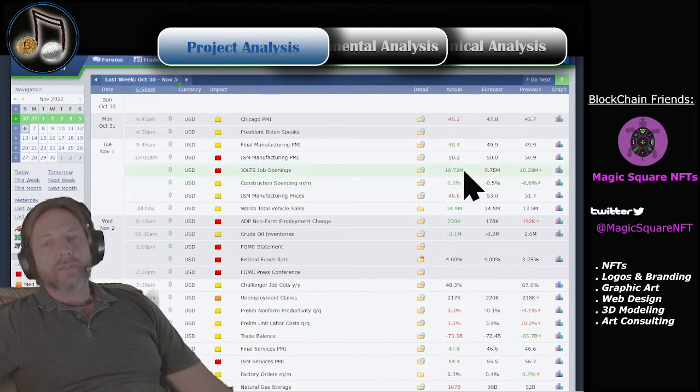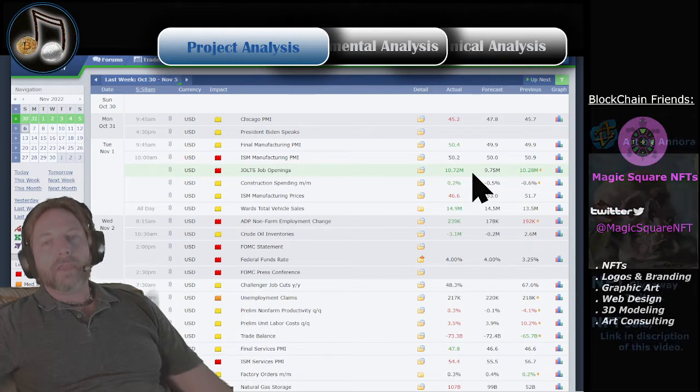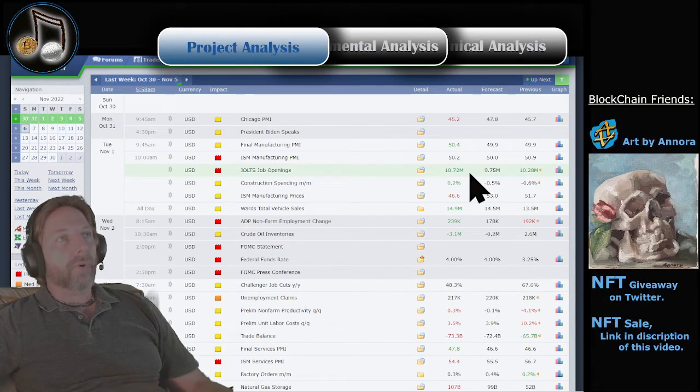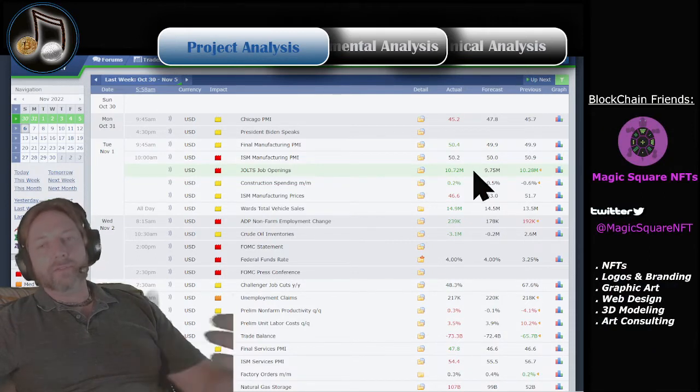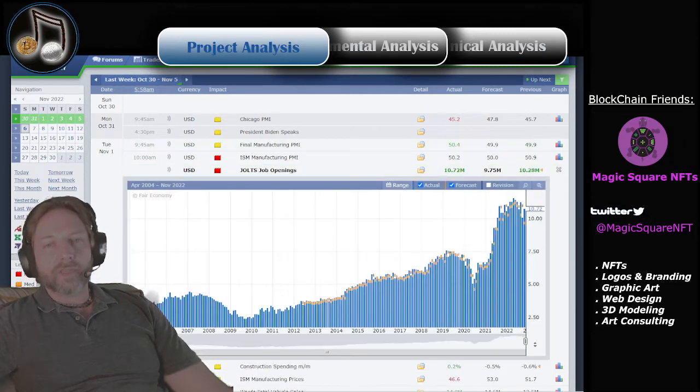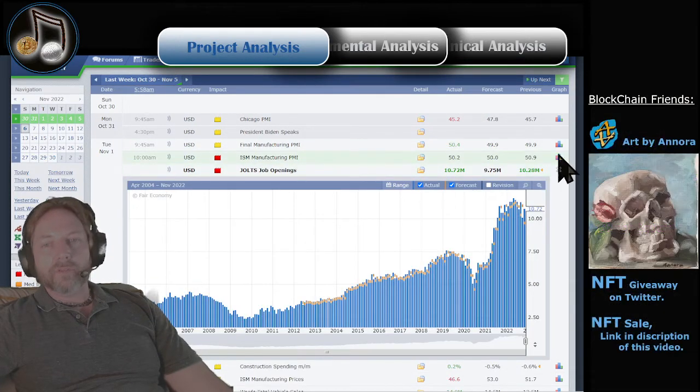So this is higher than anticipated, and that means that people are hiring because they need more employees. I would interpret this as a negative for the economy, because more job openings, again, is going to create more inflation.